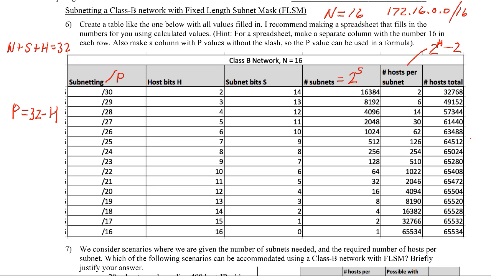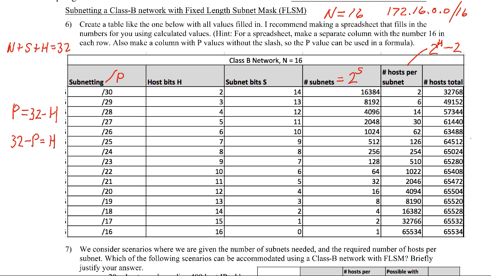When H is 2, I go /30. So 32 minus P gives us the number of host bits. I hope that helps on this problem. This table can be used to help you solve lots of other problems.